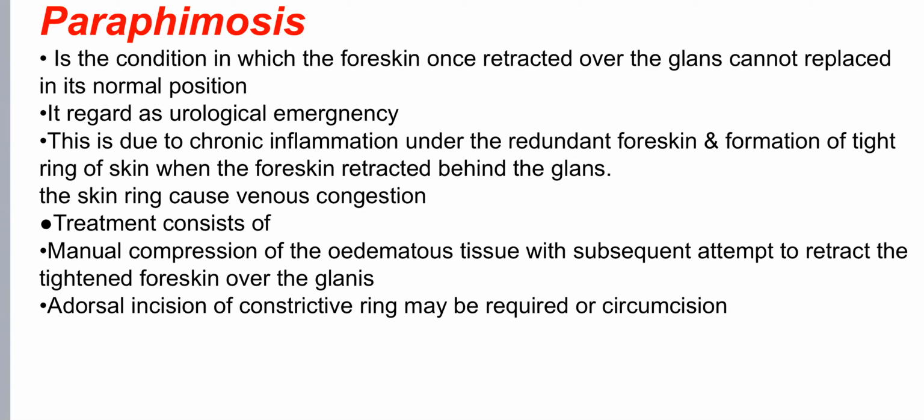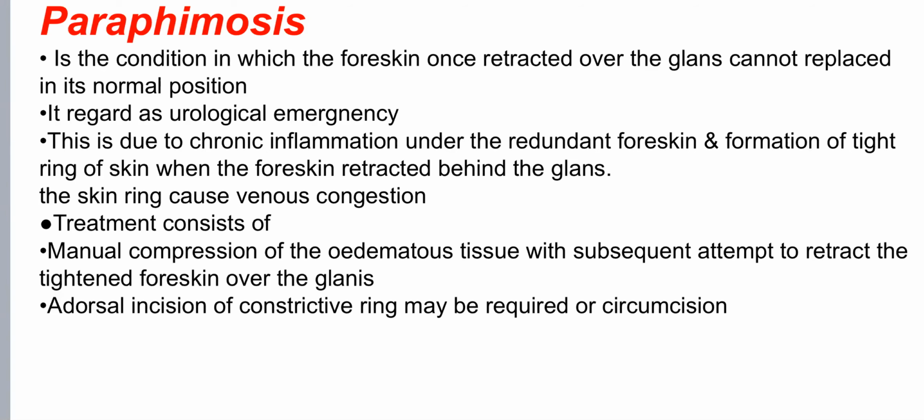The skin ring causes venous congestion. Treatment consists of manual compression of the edematous tissue and subsequent attempt to retract the tightened foreskin over the glans. Dorsal incision of the constricting ring may be required, or circumcision.